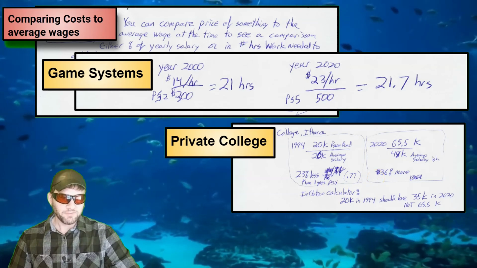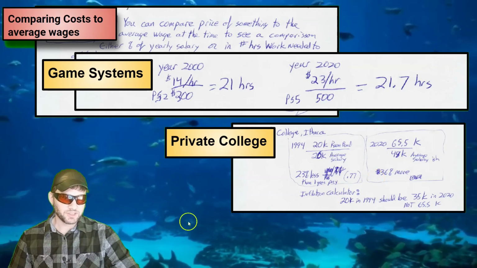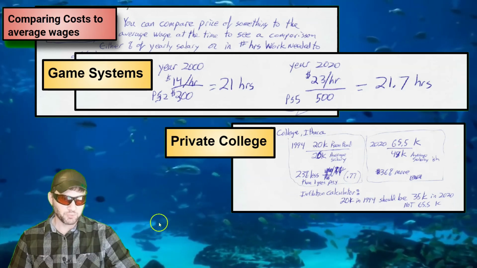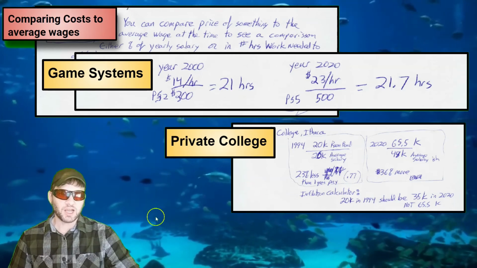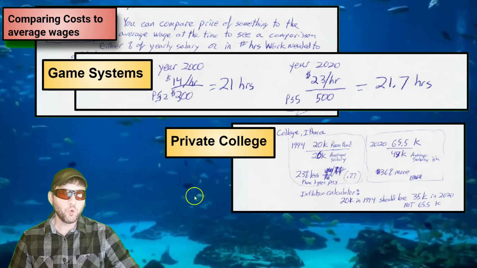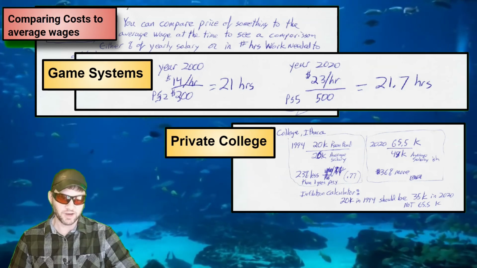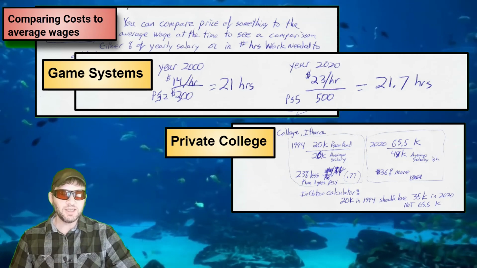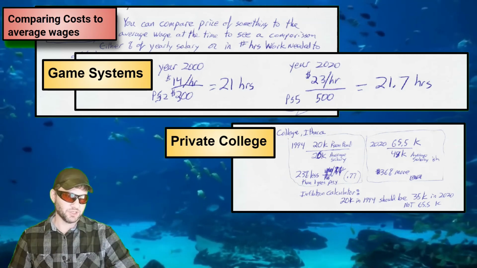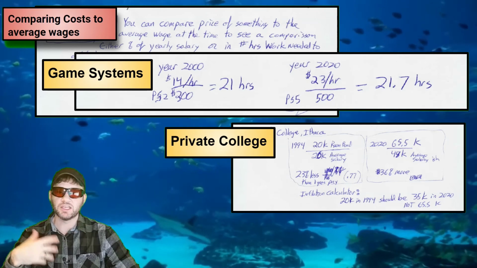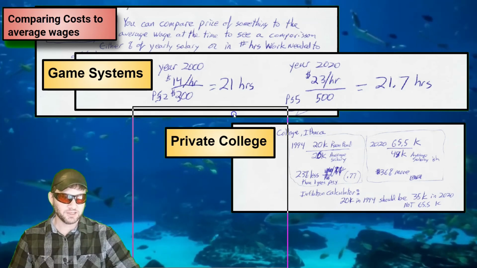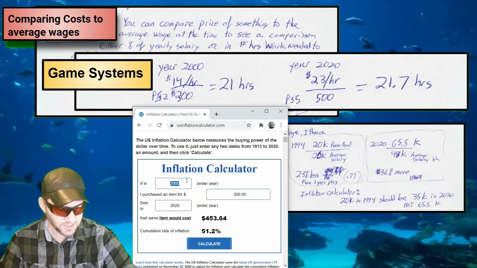If I were to graph this, I would see a line of price going up 2% a year, which is inflation since the 90s. Prices go up 2% a year, but private colleges go up way more than 2% a year. They're what we call outpacing inflation. Let's see what the inflation calculator says Ithaca should be today.